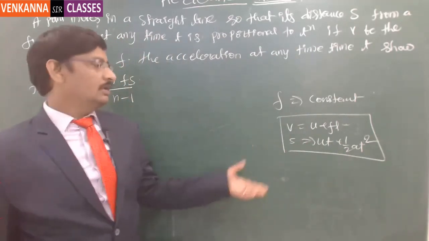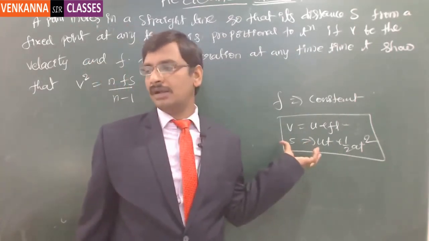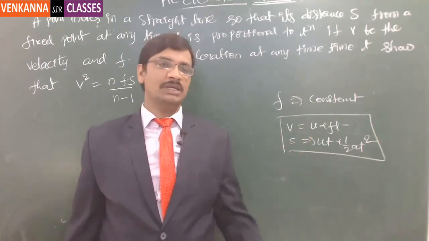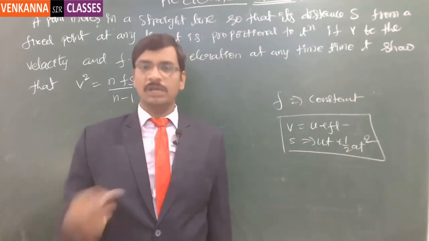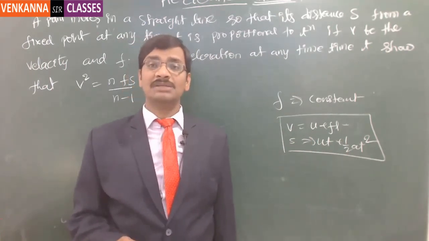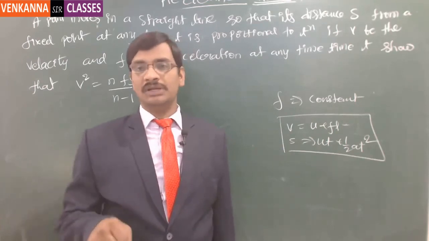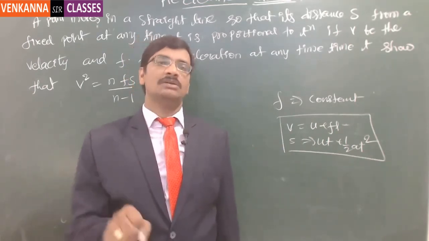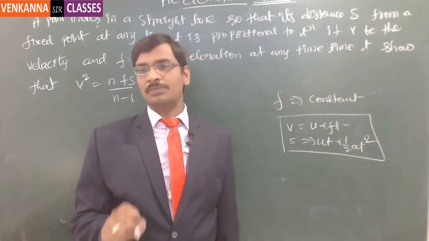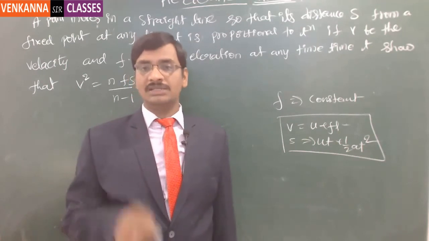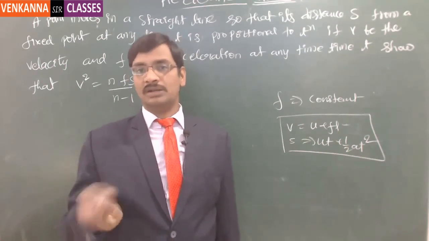In our practical life, we never find the acceleration as a constant value. When we start the bike, we keep on raising the acceleration, so it is continuously a variable. Within 1 second, I change from 10 kilometers per hour to 20 kilometers per hour, but in the very next second, I change the velocity from 20 to 40, not 30.